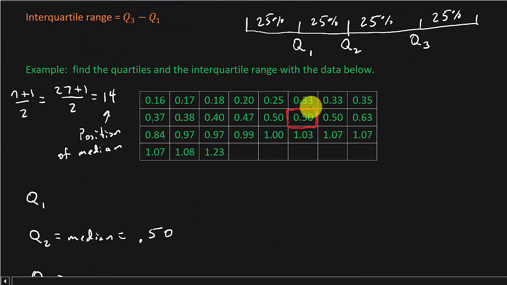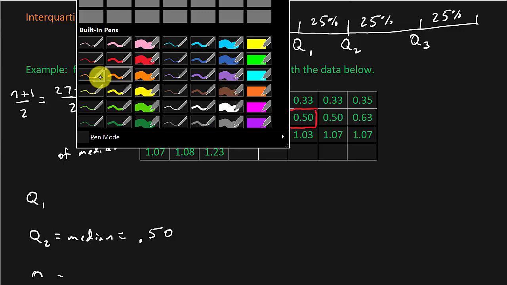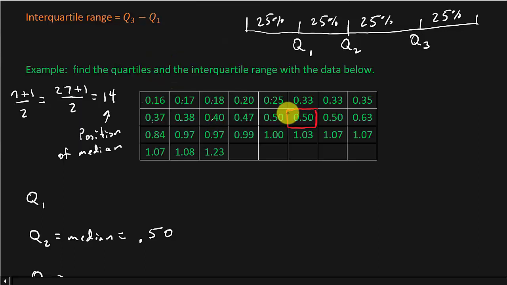So we're not going to consider this number. All we're doing is looking from here to here, in between these orange lines here. Okay. So we need the median of this.